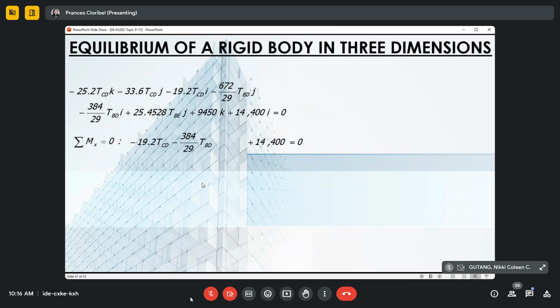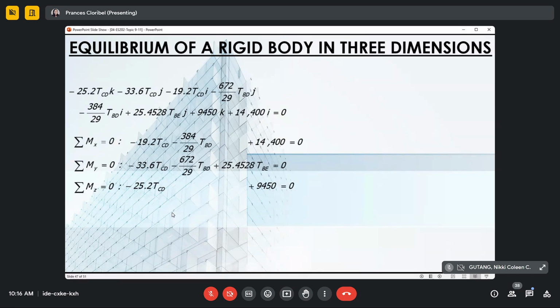That way we will have 3 equations with 3 unknowns later on. Now, summing up moments about Y, we have negative 33.6 TCD minus 672 over 29 TBD plus 25.4528 TBE, equal to 0. Next, summing up moments about Z, we have negative 25.2 TCD K plus 9450 K, equal to 0.